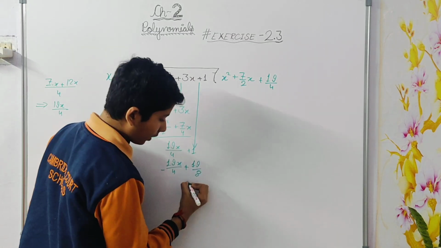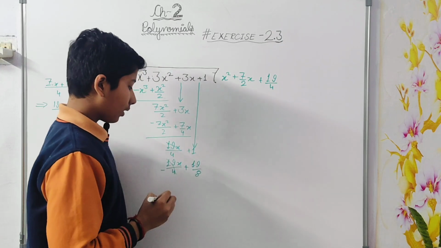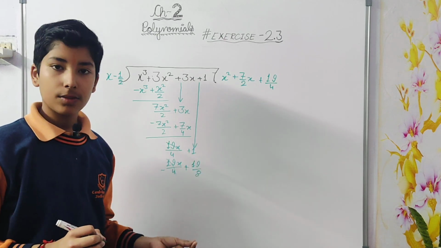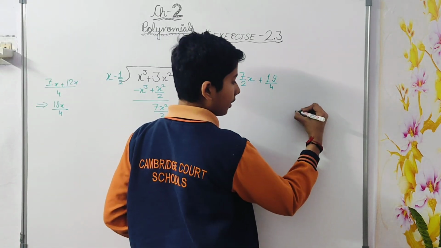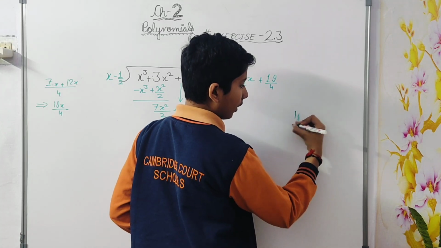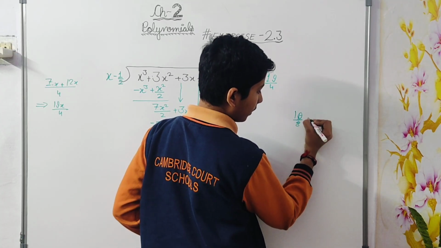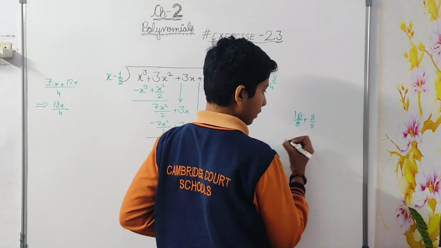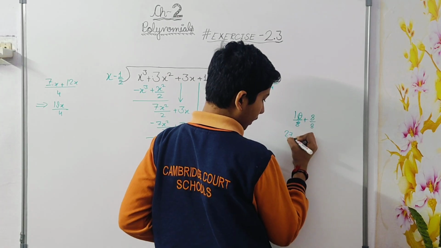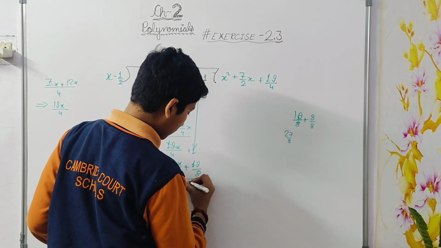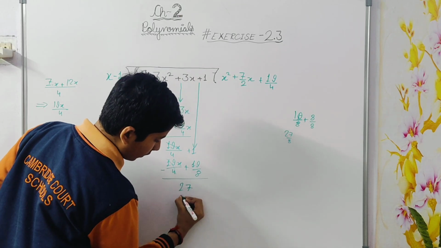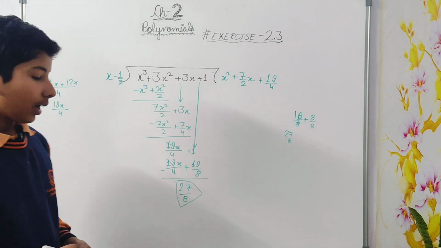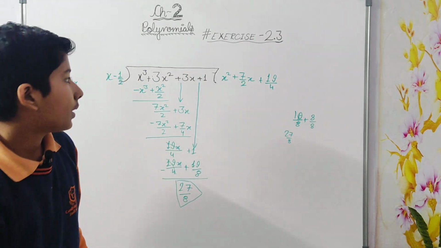If I cut this, because these signs are opposite to each other, we have 19 by 8 and 1. If I add 19 by 8 and 1, taking LCM, it will be 8 by 8, so 27 by 8. This is our answer, so this will be our remainder.